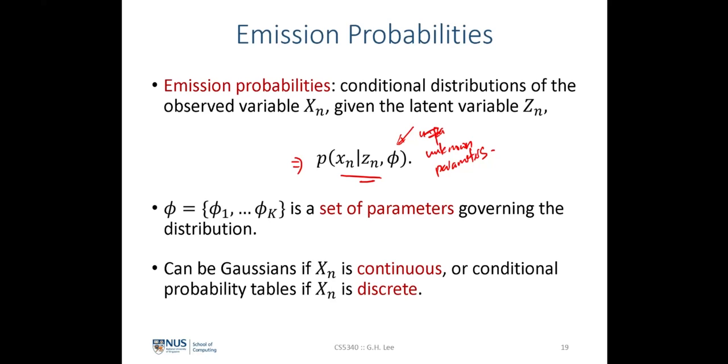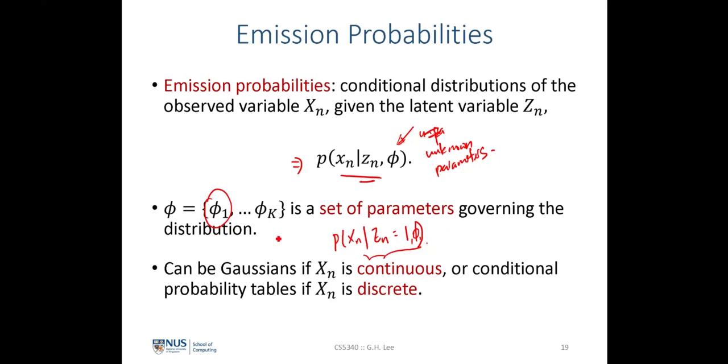So here phi is going to be a set of k parameters governing the distribution, dependent on what our current state is going to be like. So in this particular case, if I look at the probability distribution of xn conditioned upon zn equals 1, for example, then I'm going to take this particular distribution over here to be dependent on the first set of parameters over here, which I write as phi 1 over here.